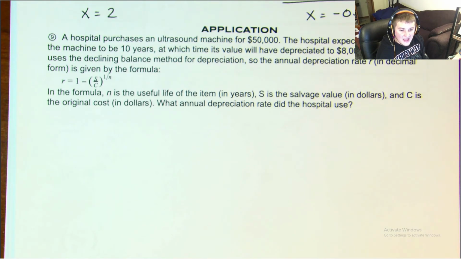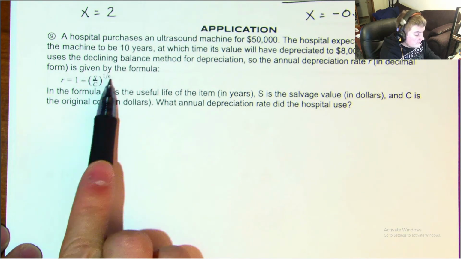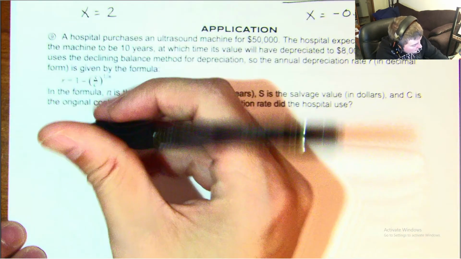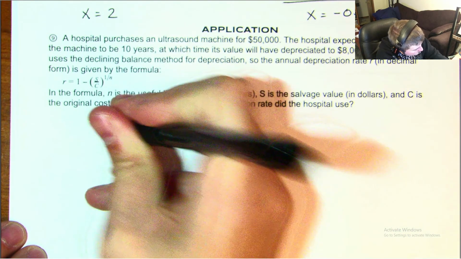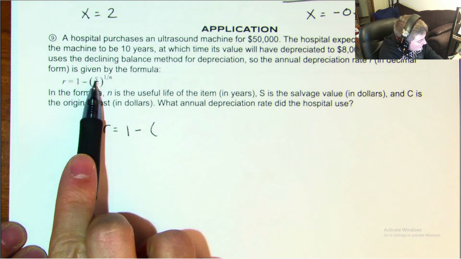In the formula, N is the useful life of the item in years, S is the salvage value, and C is the original cost. What's the depreciation rate? We can see somebody's model of this ended up using a fractional exponent, so this is just a great application of it. It's really quite simple. All we have is variables, so we just need to know what S is.